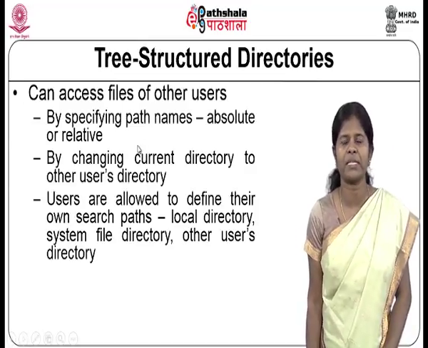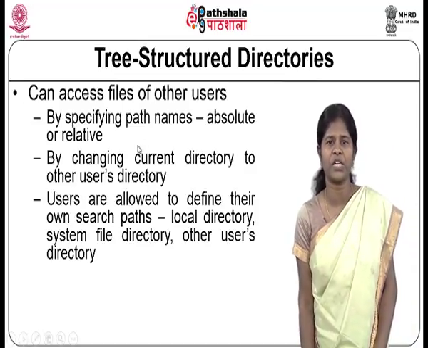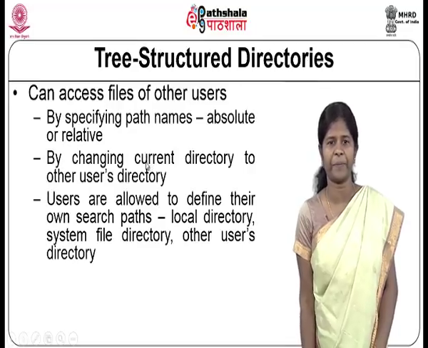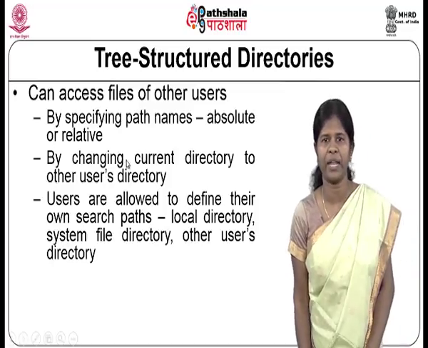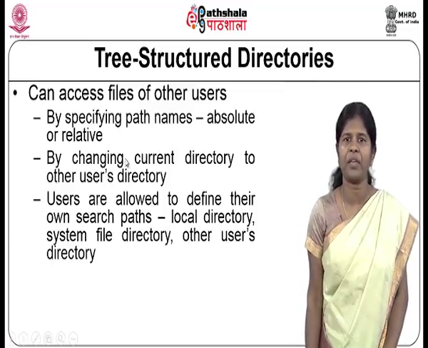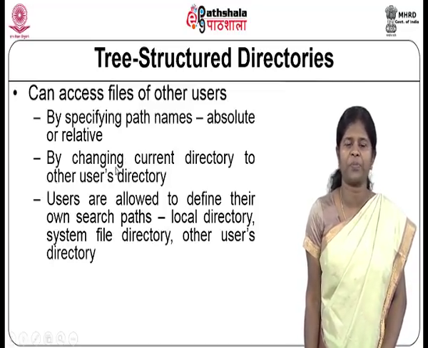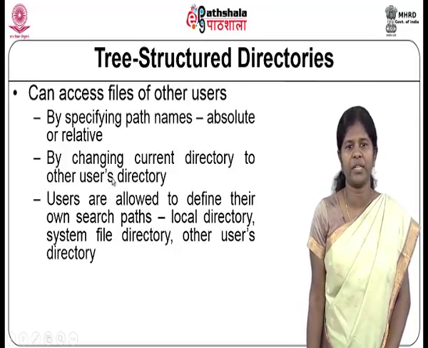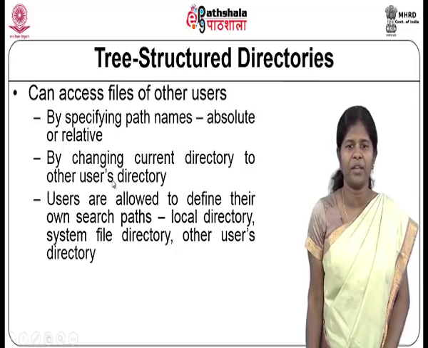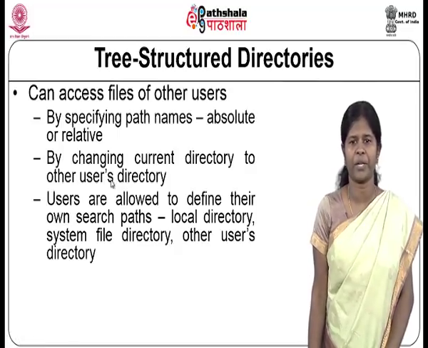So, how do you access the files of other users when you have a tree structure directory? It is done by specifying path names. Path names, as we see, can be absolute path names or relative path names, and it is also possible to change the current directory to the other user's directory provided permissions are given.